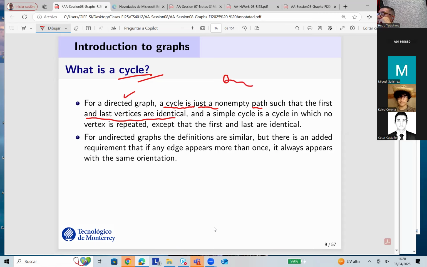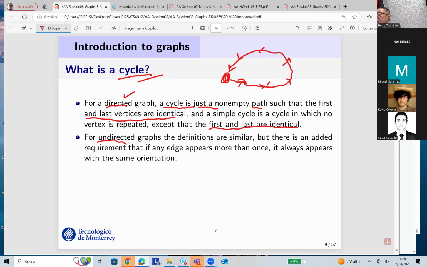So I go from here and I come back there. For the directed graph, I traverse a path that has the direction between the connected nodes, and then I return to the same node. The first and last are the same node here.